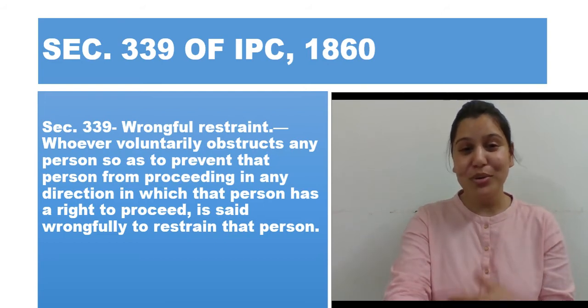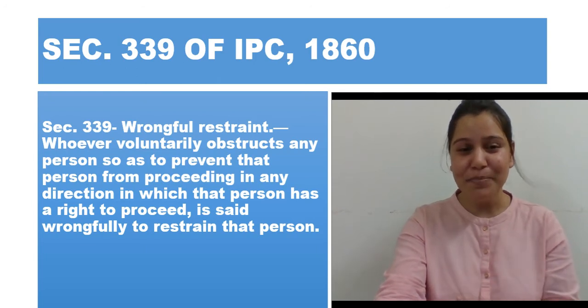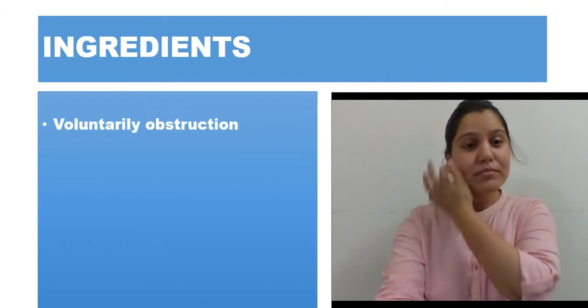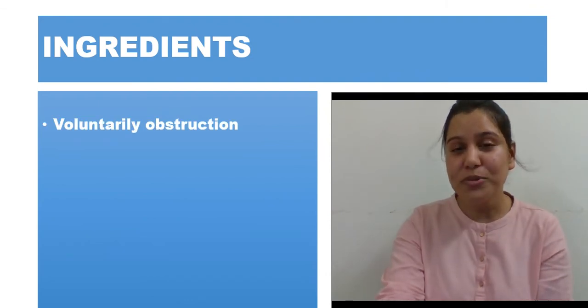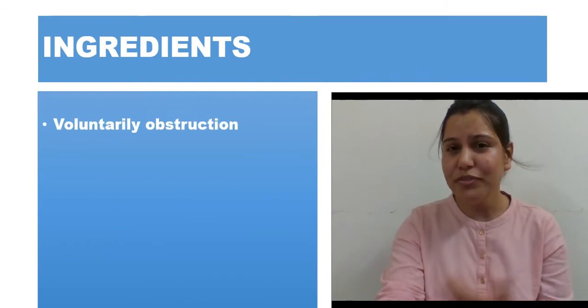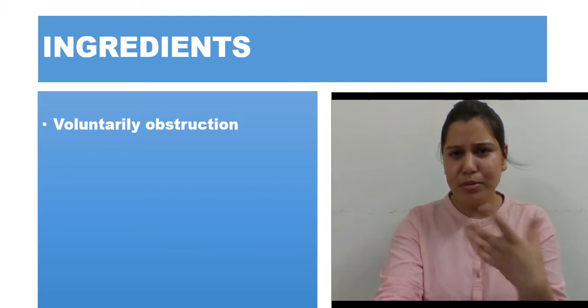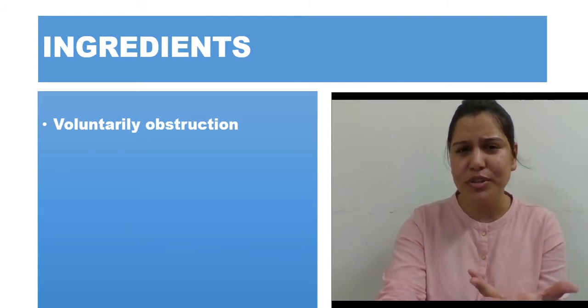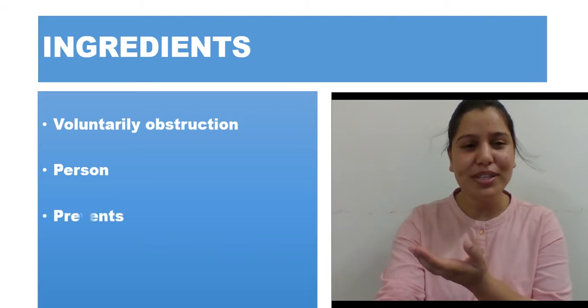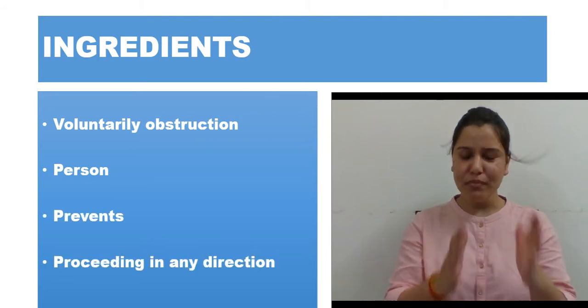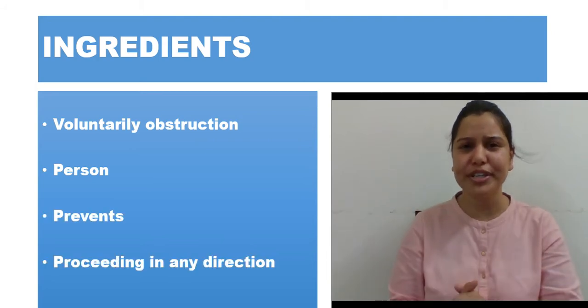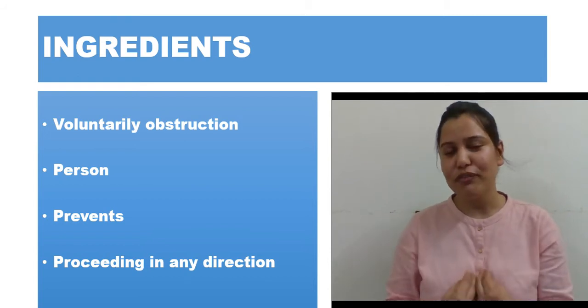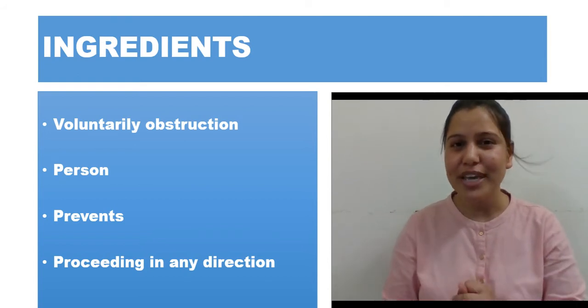So in order to understand it, let's quickly see the ingredients of the section. Voluntary obstruction, what do we mean by that? Before moving further with the term, let's list all the ingredients here. We have these four ingredients, which we will of course understand with the help of examples.